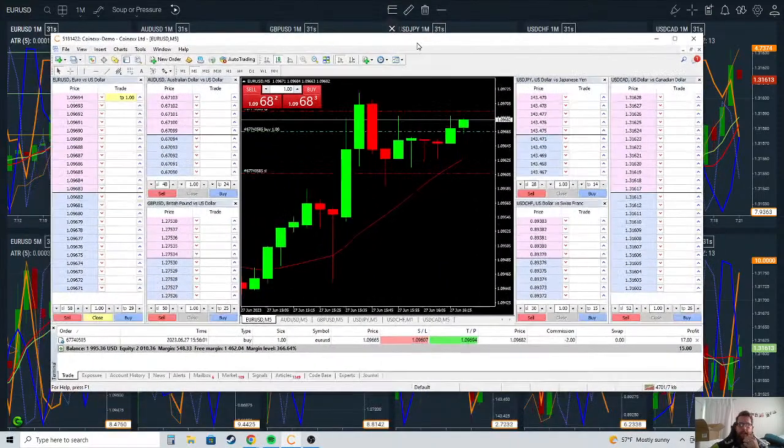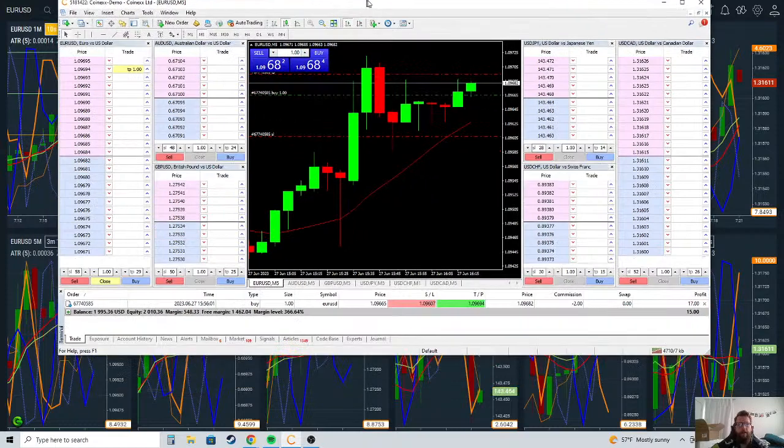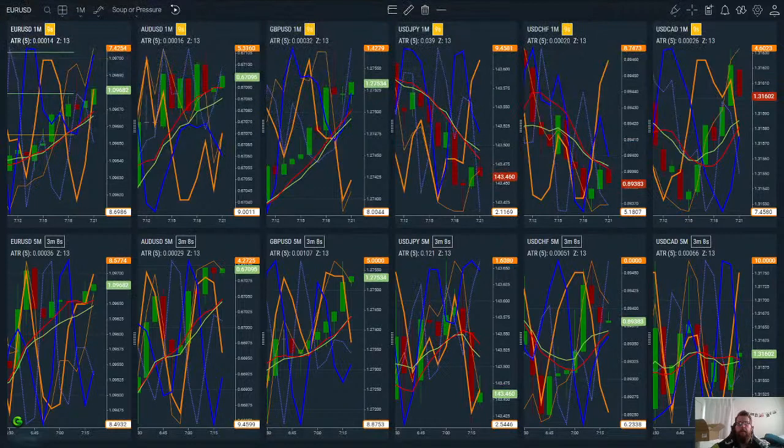And we are just getting so close. Looks like this little bar here is acting like, well, these two actually acting like resistance, but it can get up to here because it has before. So still watching that.